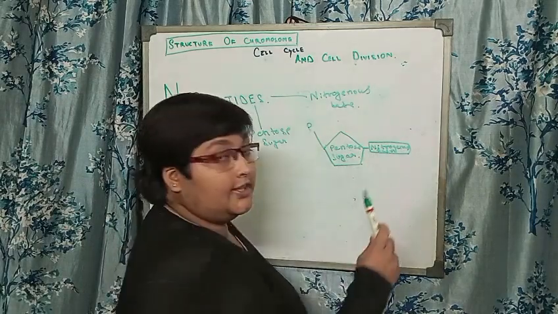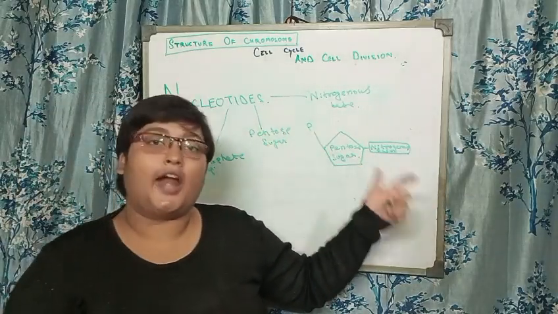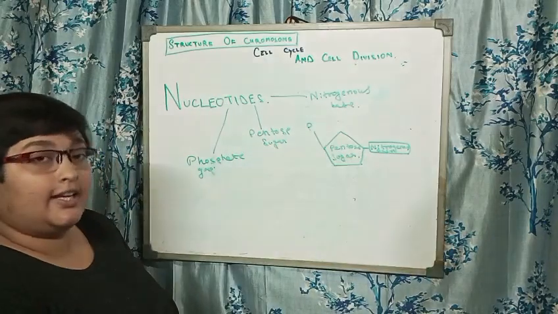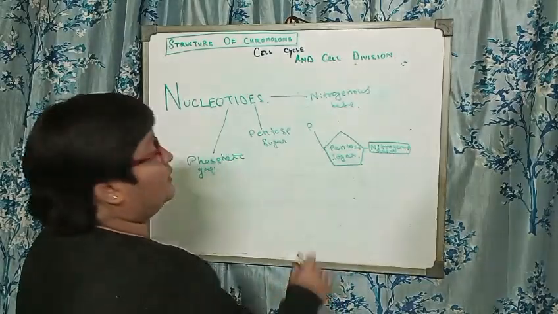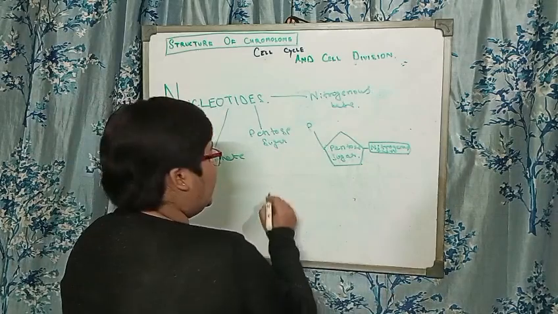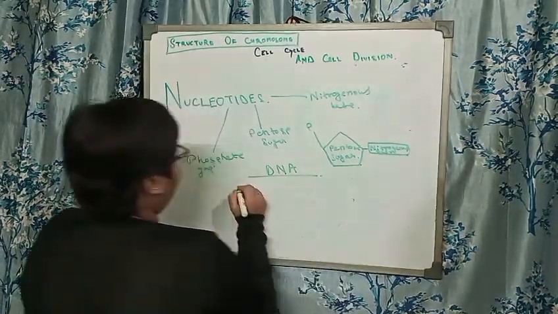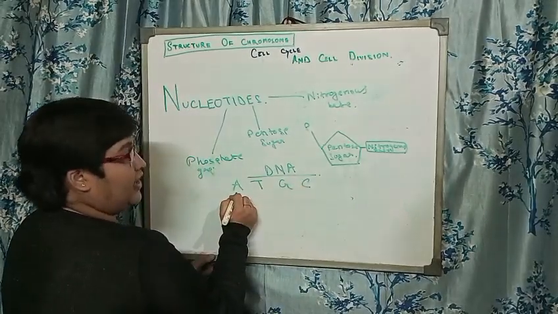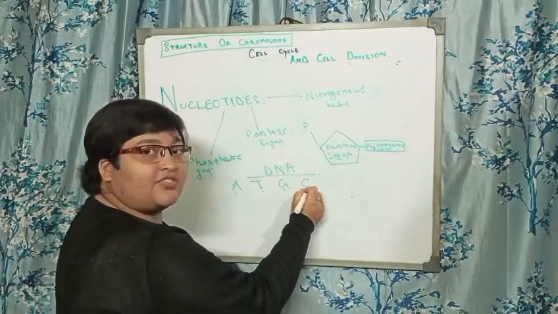So in some organisms, the DNA is not present. Instead of DNA, RNA is present, and the RNA stands for ribonucleic acid. So this RNA also contains this repeated structure of nucleotides. But the main difference between RNA and DNA is that the nitrogenous bases present in DNA are A, T, G and C. A stands for adenine, T stands for thymine, G stands for guanine and C stands for cytosine.